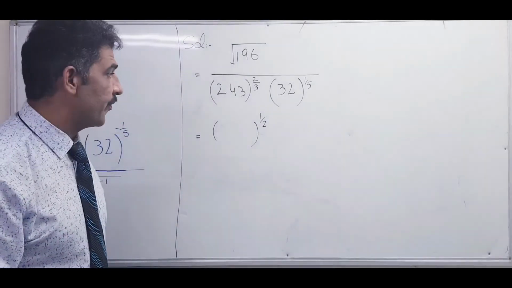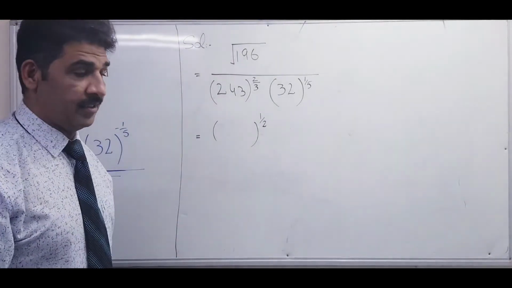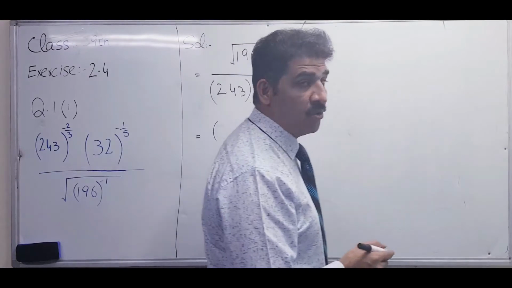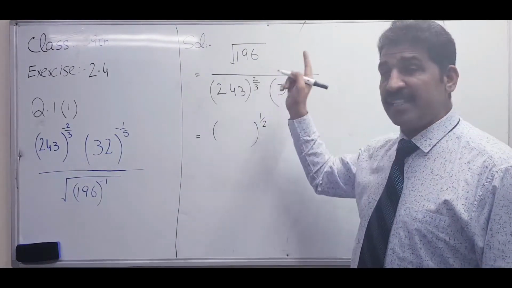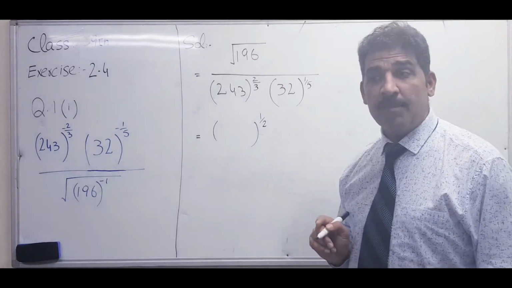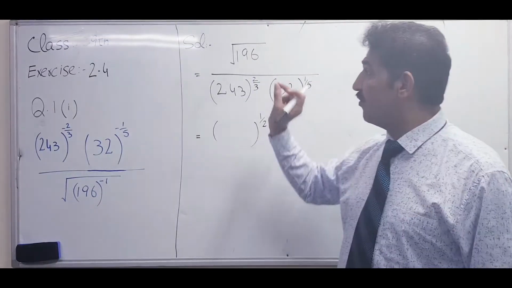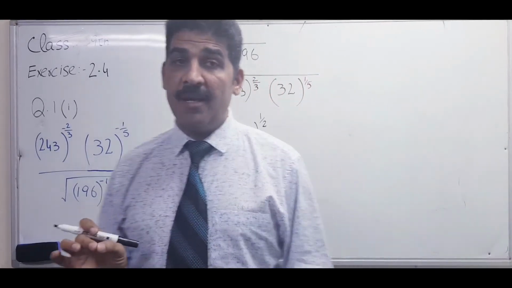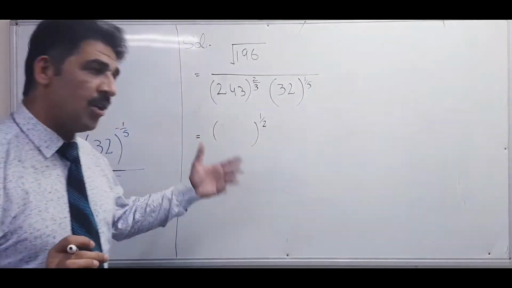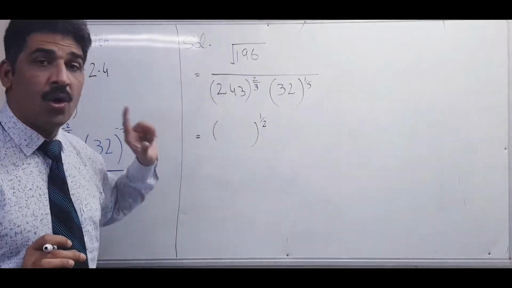Right? So 196, square root of 196, what is that? It is a perfect square. Perfect square means when you take its square root, you will get a positive whole number.